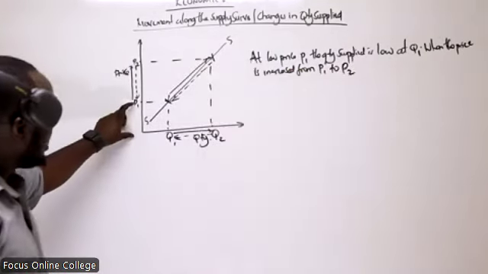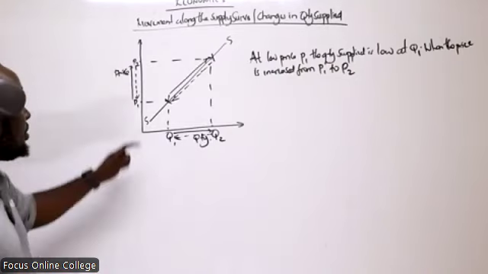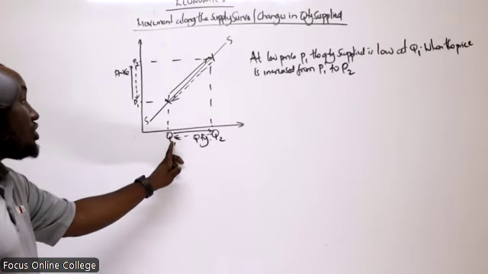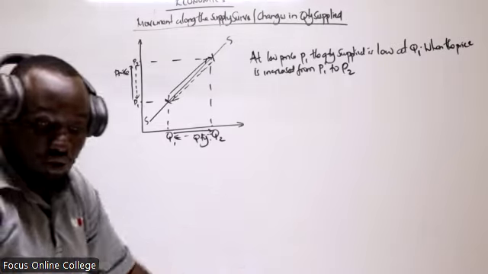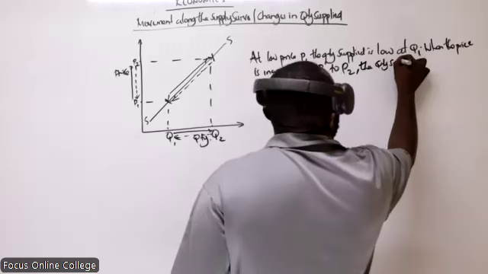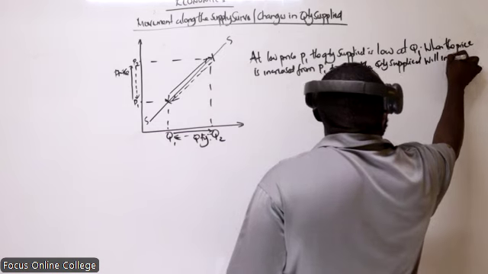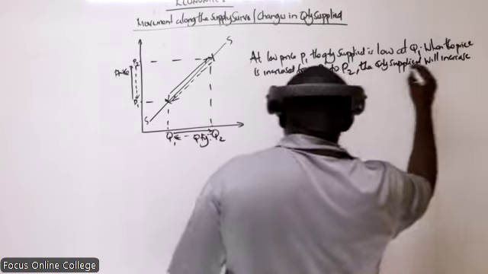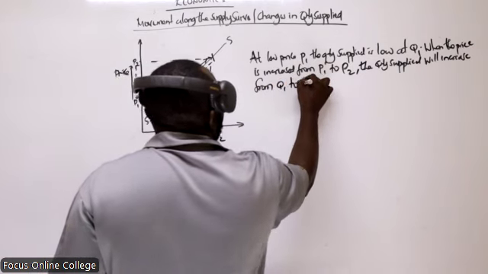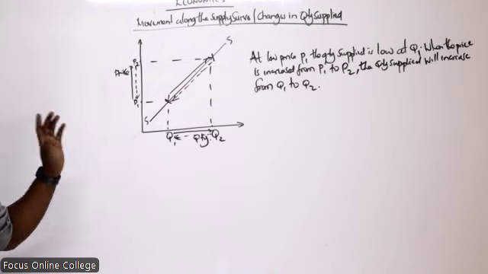When the price is increased from P1 to P2, what happens? We see that the quantity supplied will increase from Q1 to Q2.